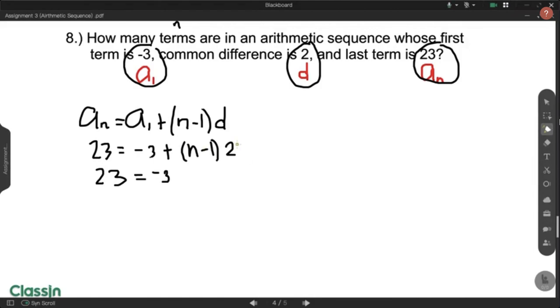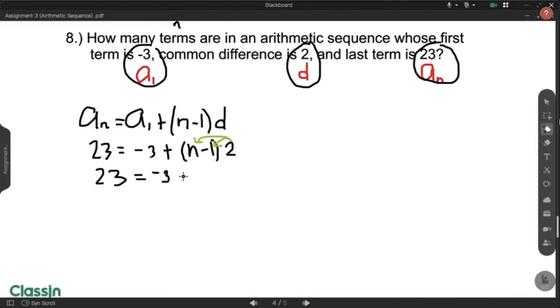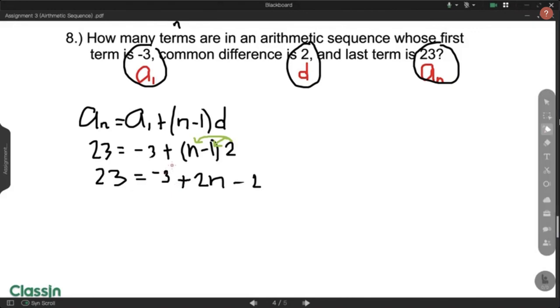Distribute your positive 2 here, there. 2 times n plus 2n. 2 times negative 1, negative 2. We will combine the whole numbers on the right side of the equation. Negative 3 and negative 2. That will give us negative 5. 23 equals negative 5 plus 2n.